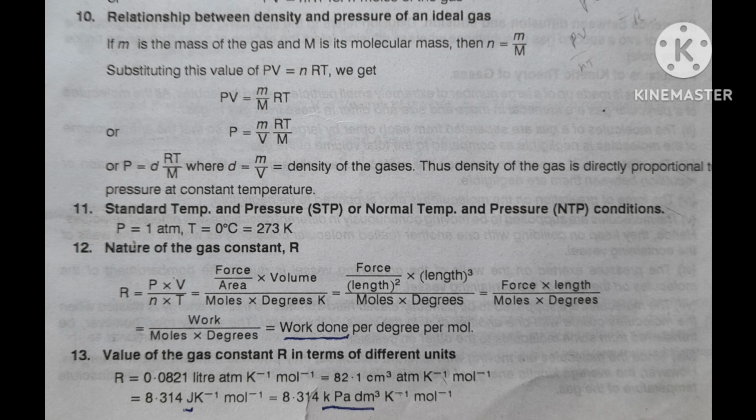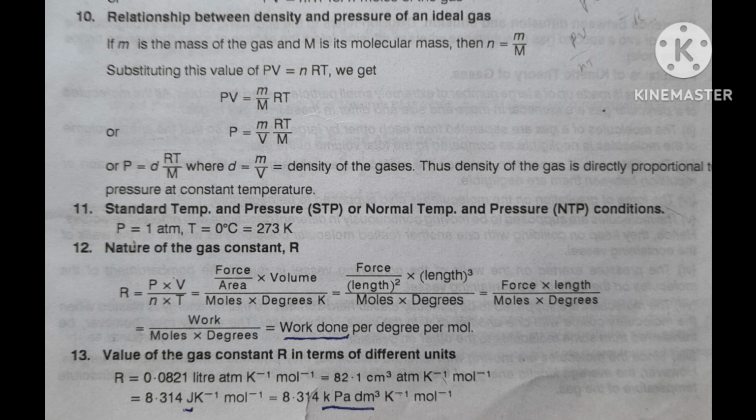Now if you want to know the value of R, you have to remember R can be written in several ways. The work done you can write in several ways. Work done you can write as 0.0821 liter atmospheric pressure. It is actually experimental, it is calculated.